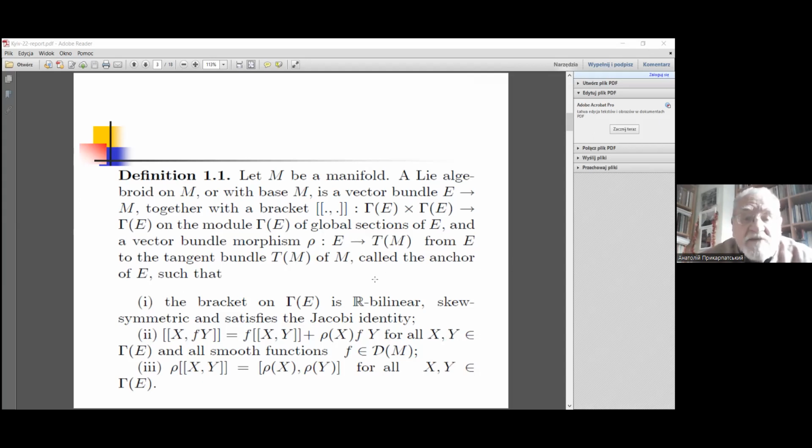This morphism is called the anchor of our vector bundle.